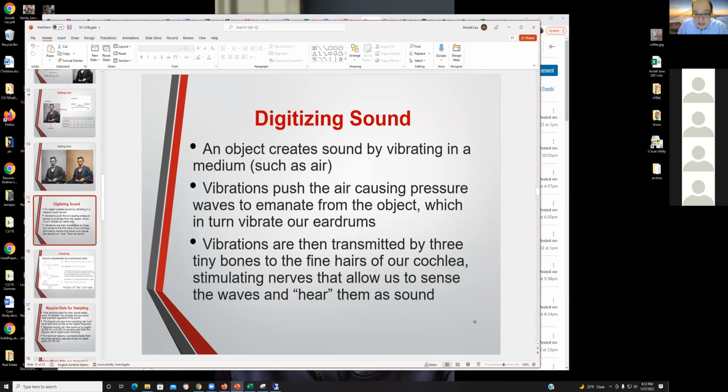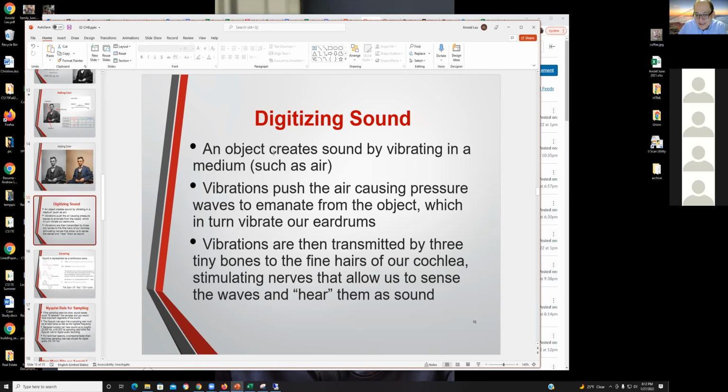All right, so digitizing sound. I don't know if you remember from your high school physics, but you have sound waves. It looks like waves going up and down, and you have a frequency of these waves coming across.